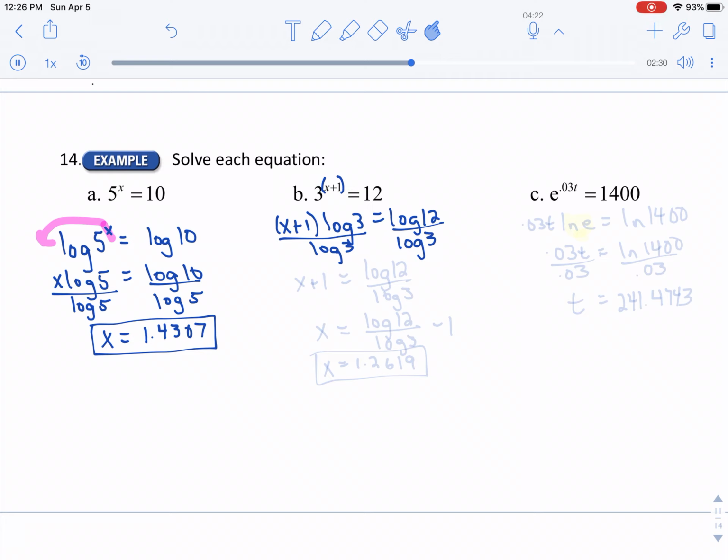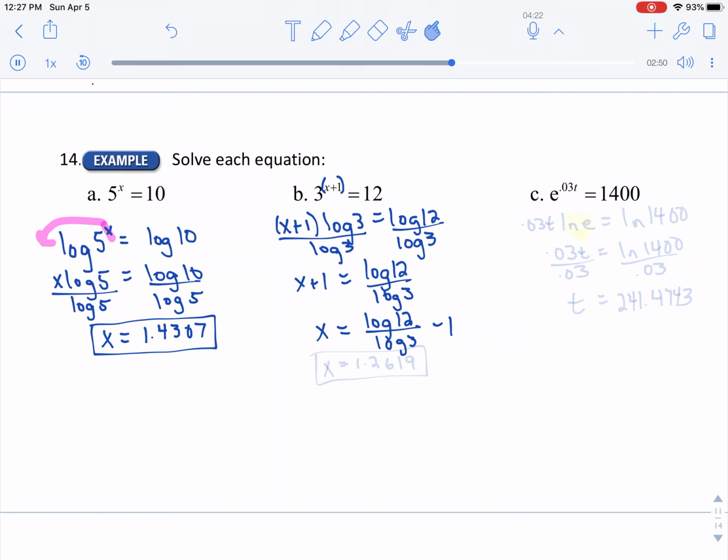So I get x plus 1 equals log 12 over log 3. And now I want x by itself, so I'll subtract 1 from both sides, so I get x equals log 12 divided by log 3. And then I've got a minus 1 back there.